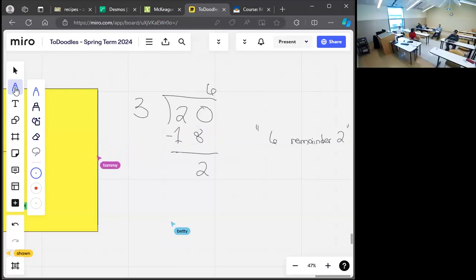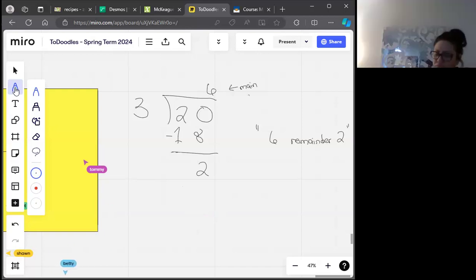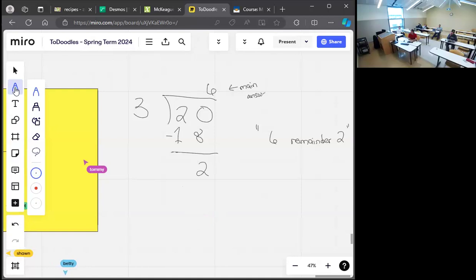Some people just use an R. There's no math symbol for it, so just know that this is your main answer up top, and then whatever is left over at the bottom is the remainder.